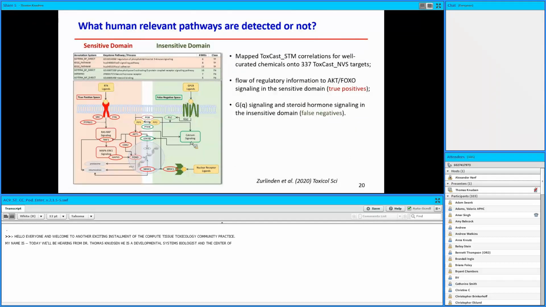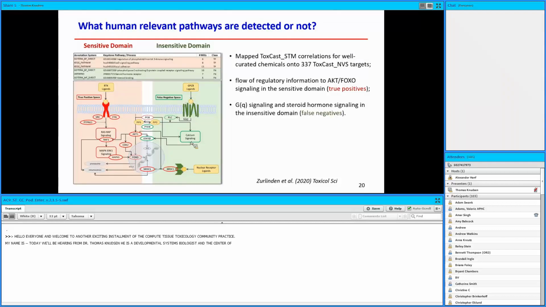In our publication, we actually did this looking at 337 different biochemical assays in ToxCast in the NovaScreen data set. What we found was that if we look at the true positive space and look at which chemicals were true positives and hit assays in NovaScreen that we could map to pathways, the flow of regulatory information to the AKT FOXO signaling pathway turned out to be the strongest predictor on the positive side.